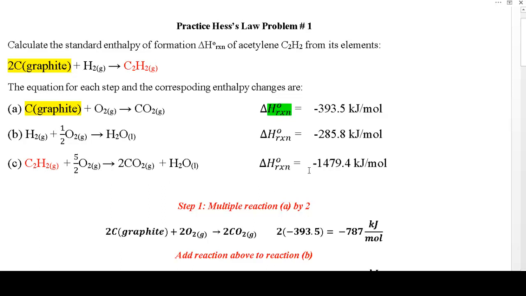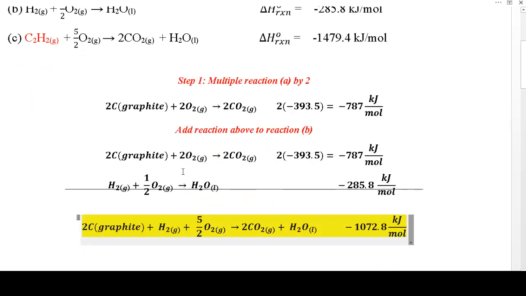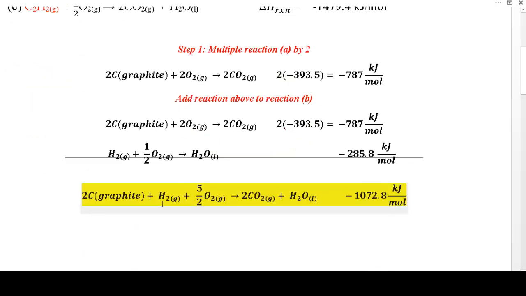And the reasoning why we'll do that is, again, to get the C2H2 that is on our reactant side in reaction C to become on the product side, which is what C2H2 is on the product side here. After we've reversed this reaction, what we'll do is we'll add it to this new reaction.